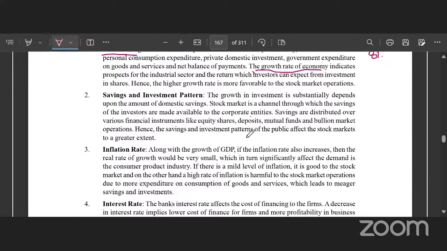Savings are distributed over various financial instruments. People who would like to save generally do not invest in a particular equity or mutual fund alone. They distribute their savings to various investments, right? Investments into equity, deposits, mutual funds, bullion markets, right? So the savings pattern of individuals and households will impact the stock markets to a greater extent.